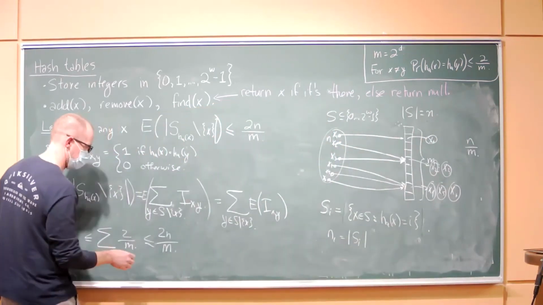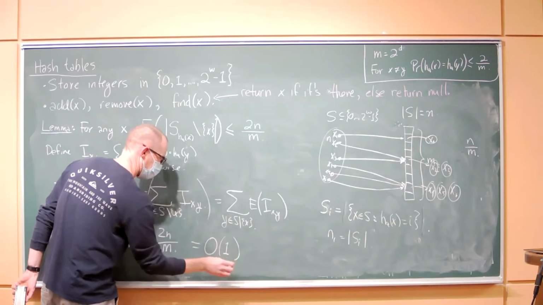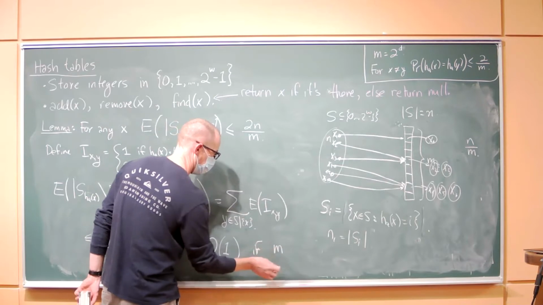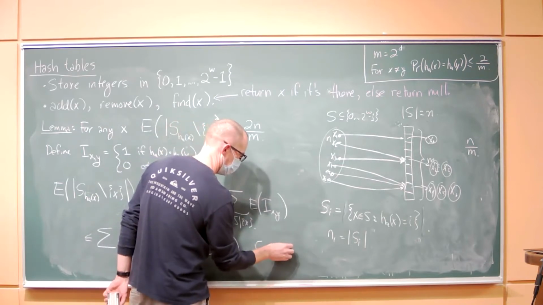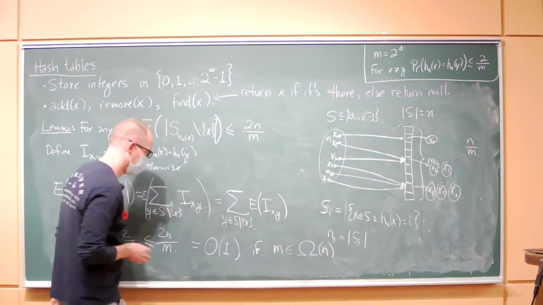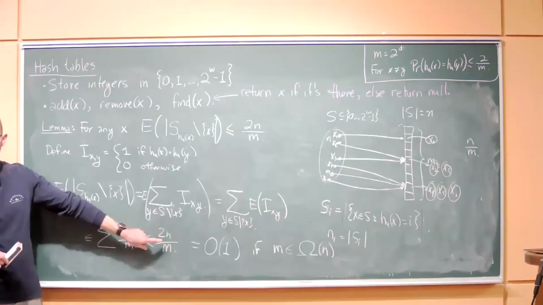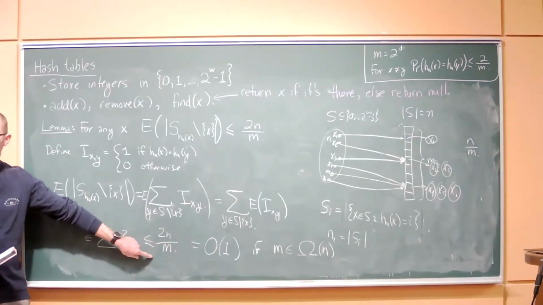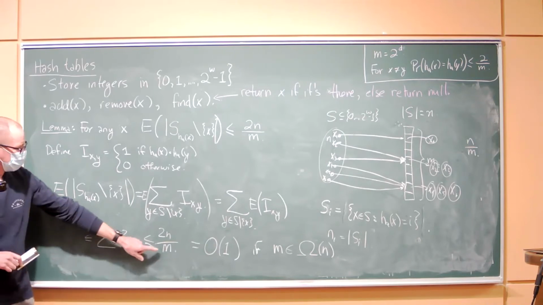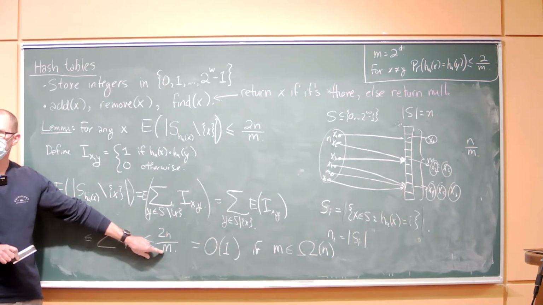So I will say that this is equal to O of 1 as long as m is in omega of n. As long as m is not much smaller than n, then this is going to be at most a constant. And we'll see, you can even crank it up a bit and this is true even if you take m to be really big, in which case you can send this thing close to 0.